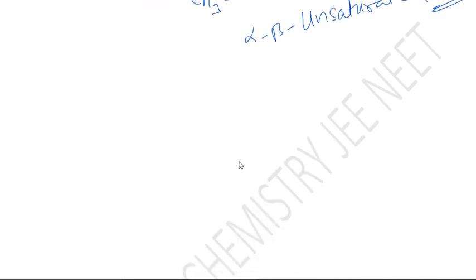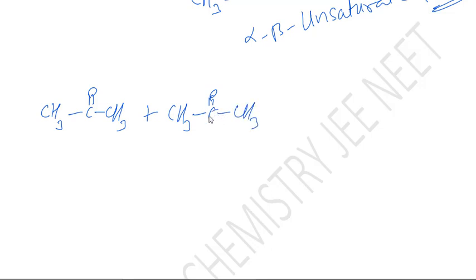Okay, suppose you take a ketone, CH3 C double bond O CH3, and one more ketone in the presence of dilute NaOH. What is the product? Very simple.